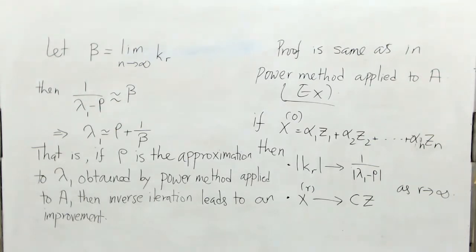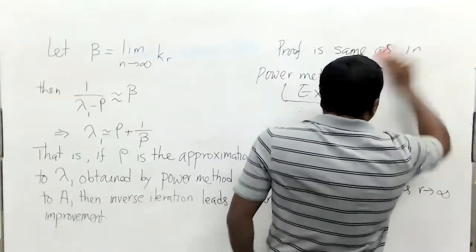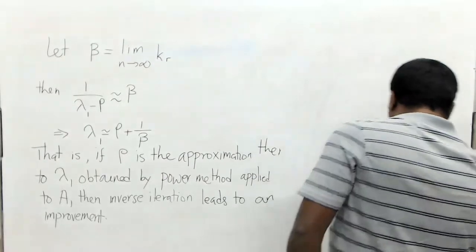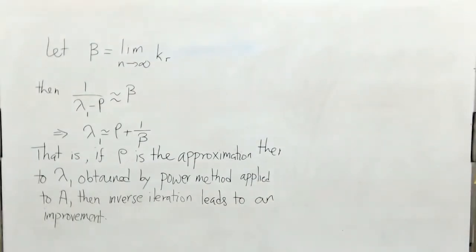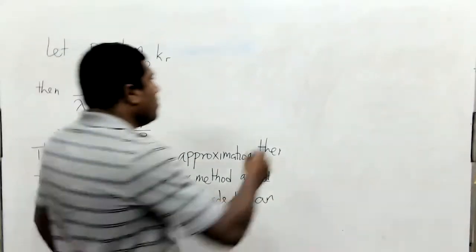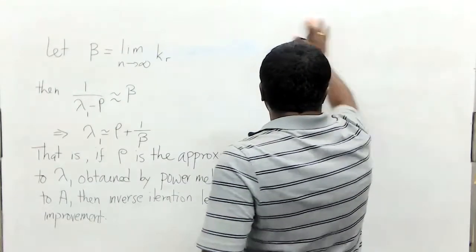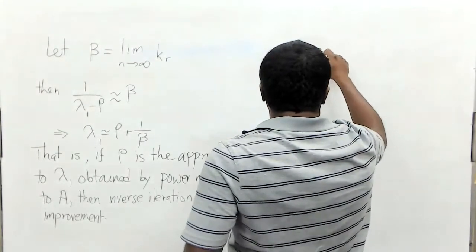Right? So that turned out to be another type of problem because of the fact that you have the inverse of a matrix in the computation. So how to implement the inverse iteration?